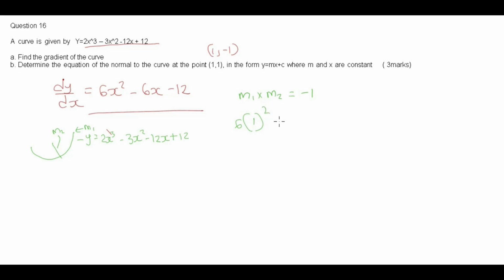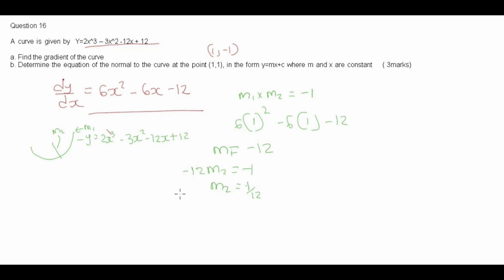So 6 times 1 squared minus 6 times 1 minus 12. So the gradient is negative 12. So m1 is negative 12, negative 12 times m2 equals negative 1. m2 equals 1 over 12, since the negatives cancel each other.